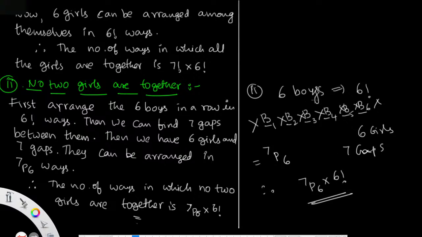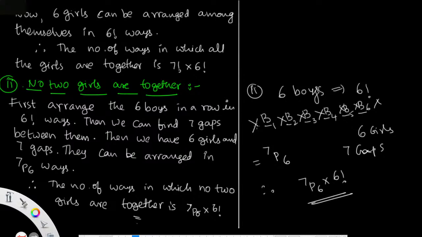So 6 boys first. No two girls are together means first arrange the boys. Number of boys is 6, so they can be arranged row-wise in 6 factorial ways. Then we find how many gaps are between them. Why? Because no two girls are together means you have to arrange them in between the boys.